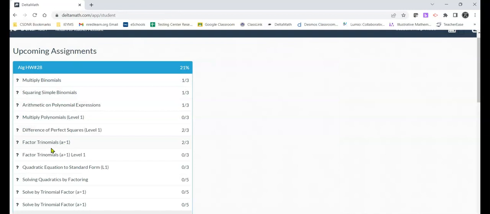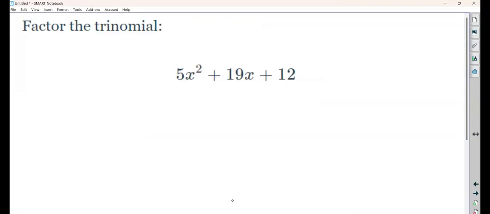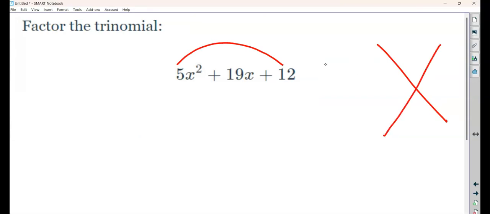Alright, let's take a look at factoring trinomials when the leading coefficient a is greater than 1. So for this diamond pattern, when you slide down, 5 times 12 is 60. You definitely have to write the divide. Slide, divide, bottoms up. So now I'm going to start thinking about my factors of 60.